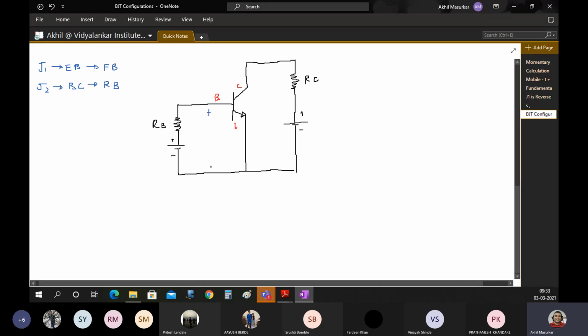So here you have plus minus, let's say VBE, and here we can have plus minus VCE. So you can identify this voltage, but this you can't see anywhere directly.